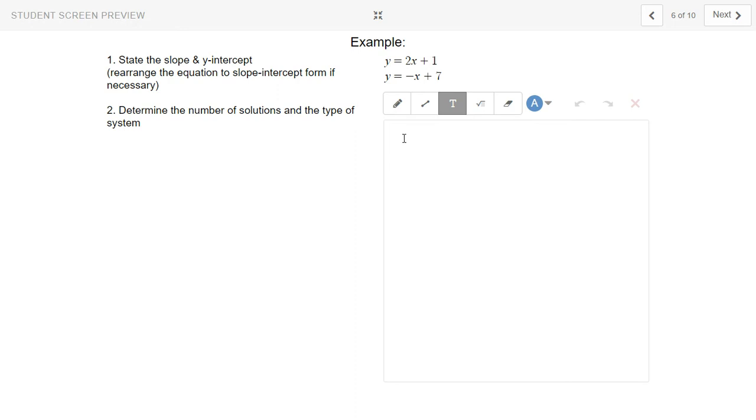So let's look at our first equation. Equation 1, y is equal to 2x plus 1. So that tells us m, our slope, is 2, and b, our y-intercept, is equal to 1. Let's look at our second equation.